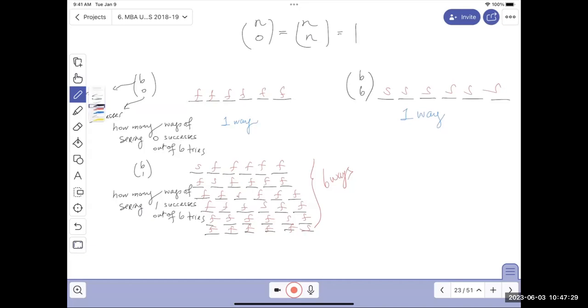So we can avoid having to draw every time, or tearing our hair out, because we have computers, but this is what it's doing. Knowing these really simplifies your calculations. So this 6 choose 5, what would be the answer there?